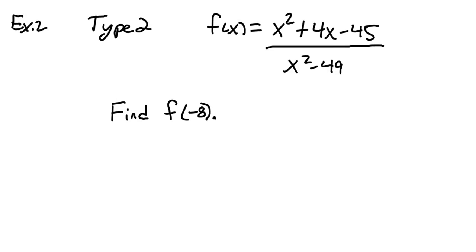Still a fraction, still a rational problem. Just now it's a little bit bigger because the other one was just x plus and x minus. This one now we've got x squared. We've got a whole lot more terms on this thing.